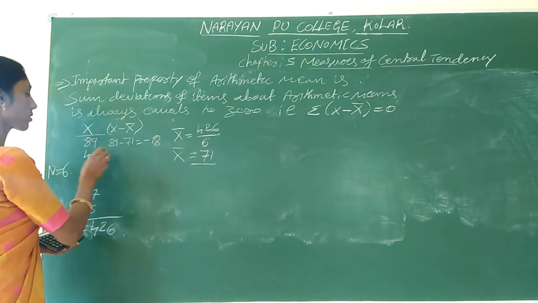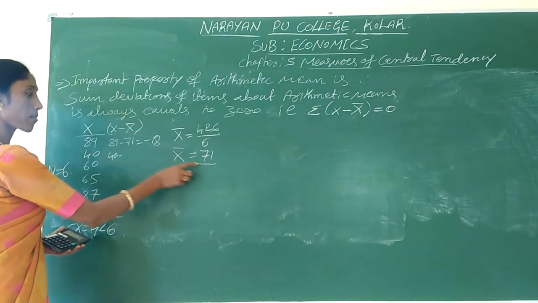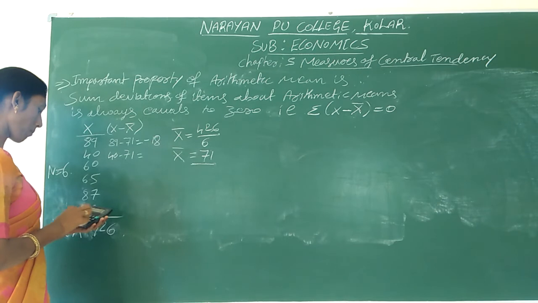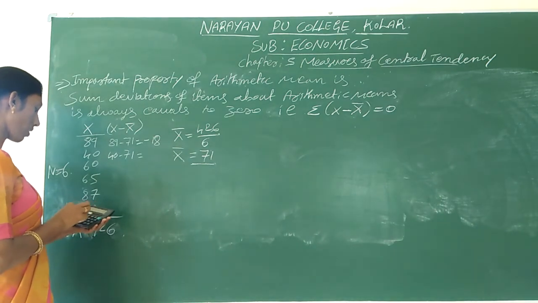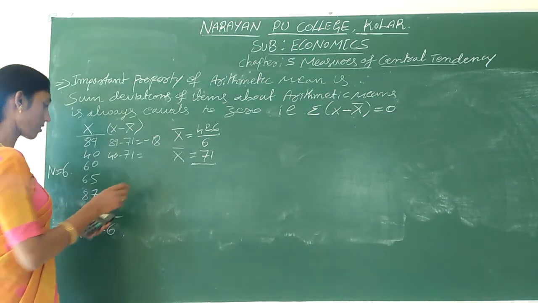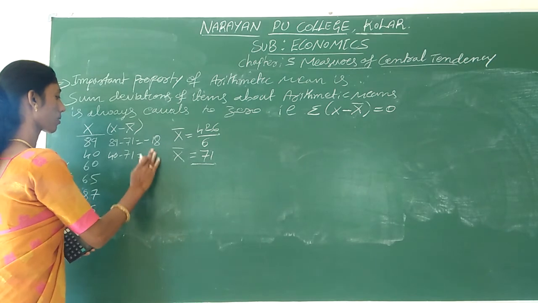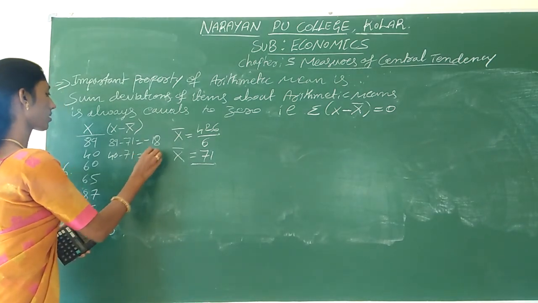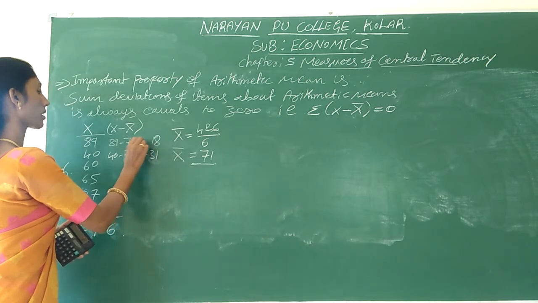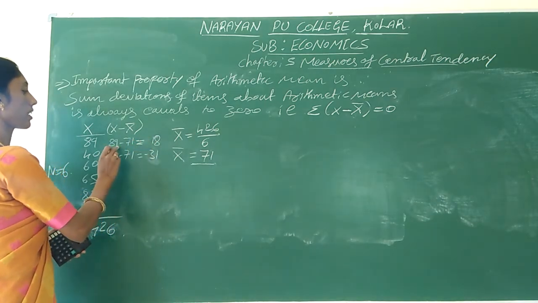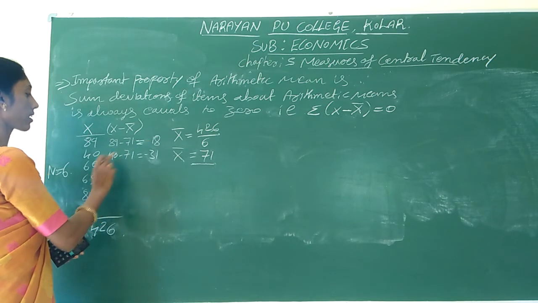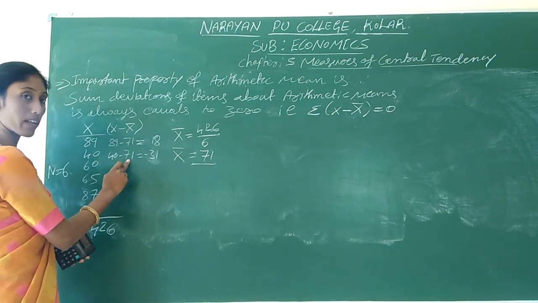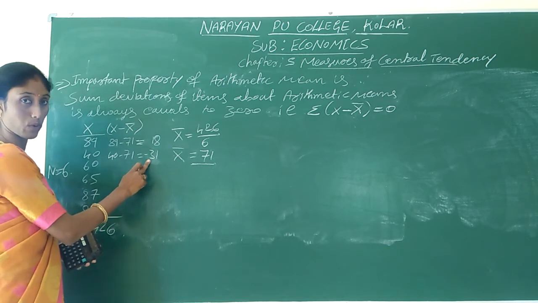Next, X is 40, X bar means arithmetic mean is 71. 40 minus 71 is minus 31. Here there is no plus, 71 is the highest value, right? Then the sign will become minus only.